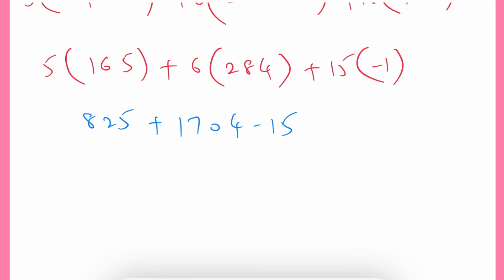So if we add these two, 825 plus 1704, we will get 2529 minus 15. So 2529 minus 15 is nothing but 2514. This is the value of delta 3.